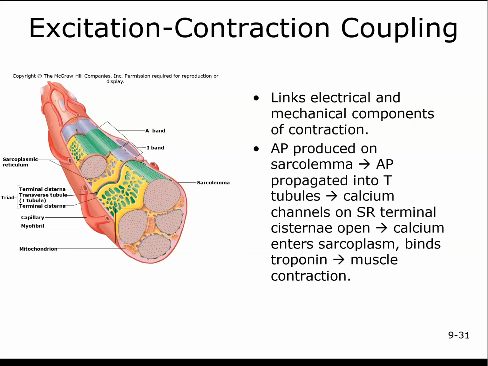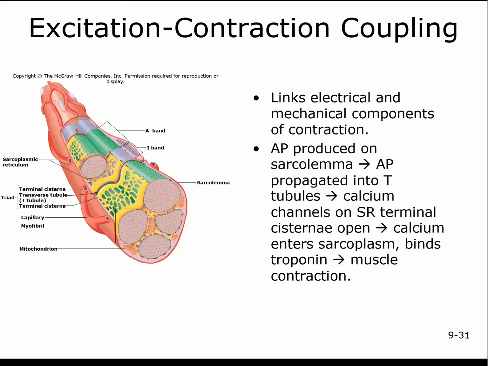Next, let's talk about excitation-contraction coupling. This is going to help to link our electrical and mechanical components of contraction, meaning it takes that action potential and causes mechanical movements in order for the muscle to contract.